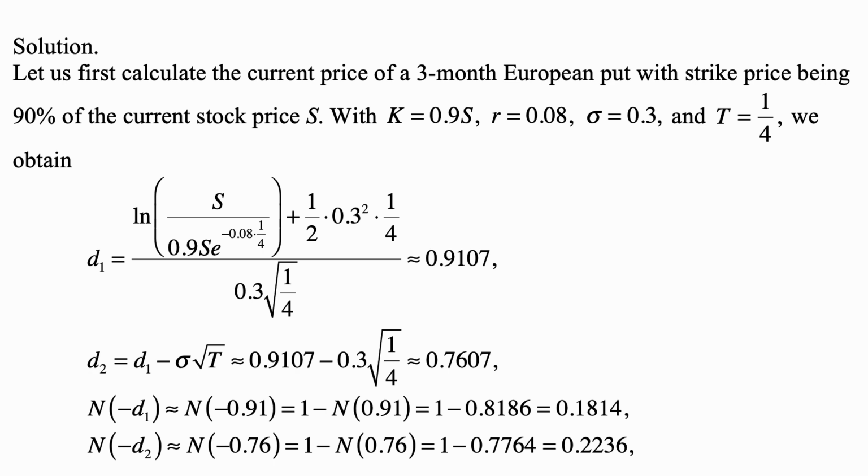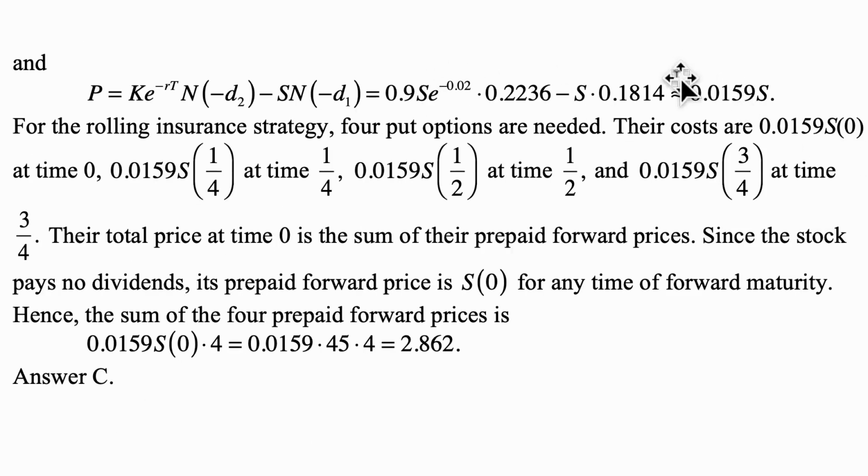Then, since we're working with put options, we will need N of minus d1, which is N of minus 0.91, approximately, that's 1 minus N of 0.91, and that ends up being approximately 0.1814, and N of minus d2, which is N of minus 0.76 approximately, that's 1 minus N of 0.76, and that ends up being approximately 0.2236.